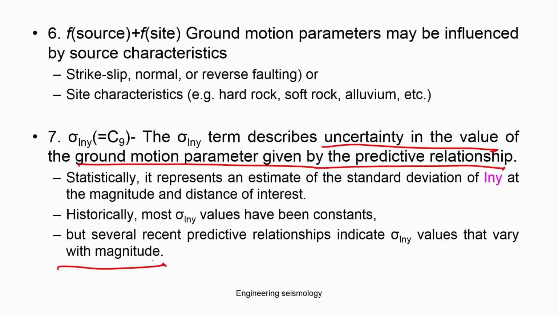Okay, this is basically the error term, how the equation is associated with the error. So, plus or minus value. This will sometimes be a constant value, sometimes it may also be a variable value with respect to the magnitude. So, these 7 major components of the equation should be considered to develop any predictive equation.